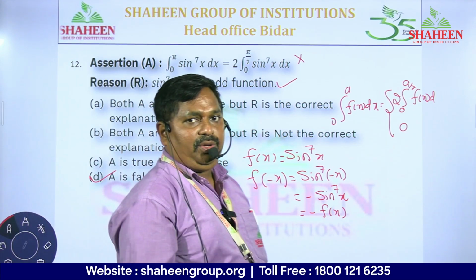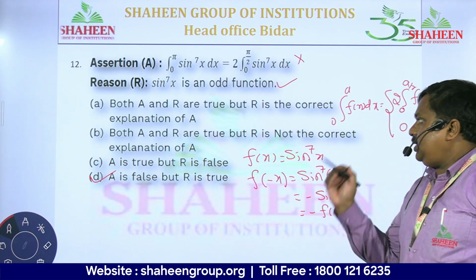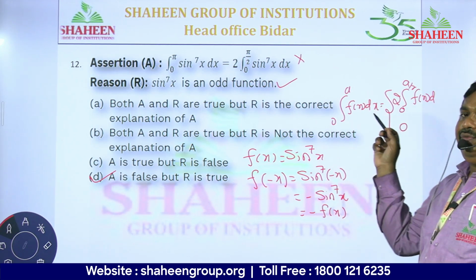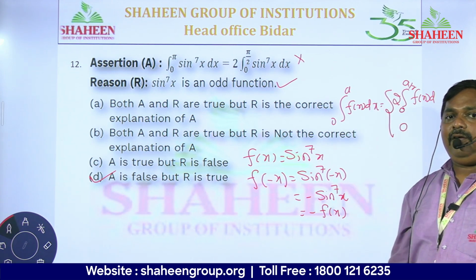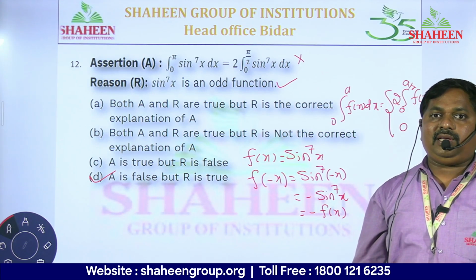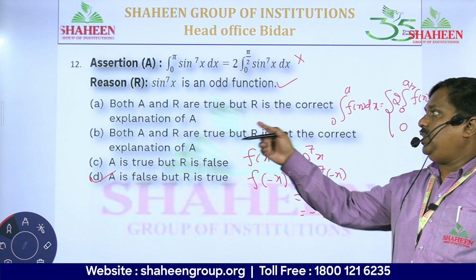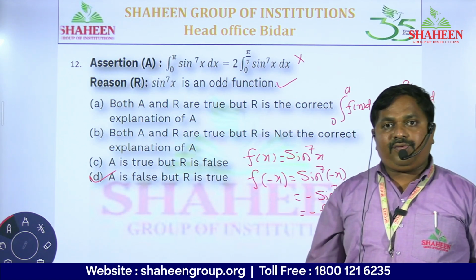So you need to remember the properties of integral. The property of integral says that integral 0 to a f of x dx is equal to 2 times integral 0 to a by 2 f of x dx if it is an even function, and 0 if it is an odd function. The reason is sin power 7x is an odd function. Yes, it's an odd function.